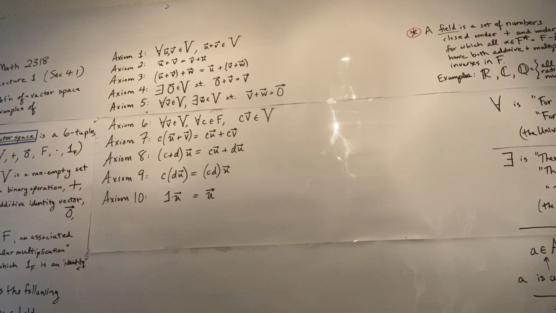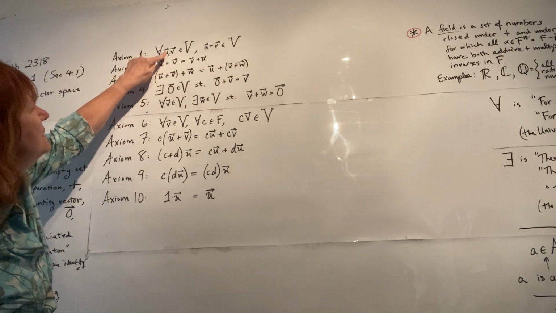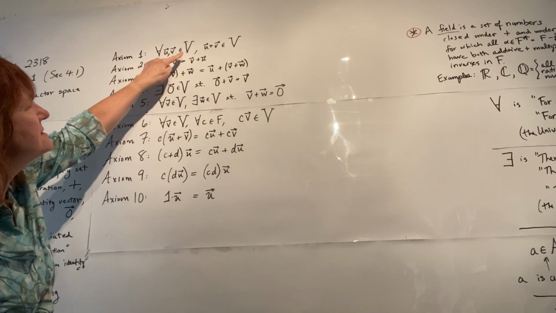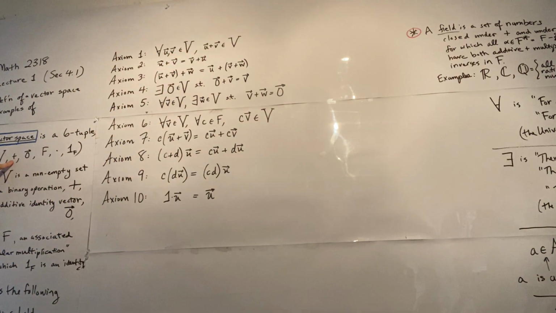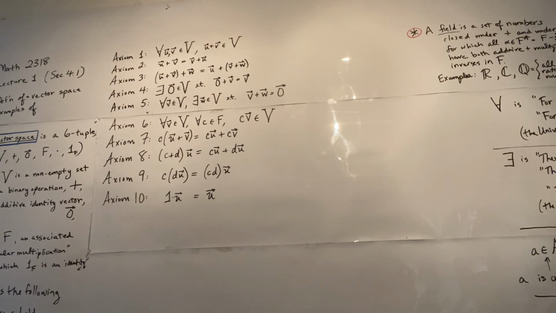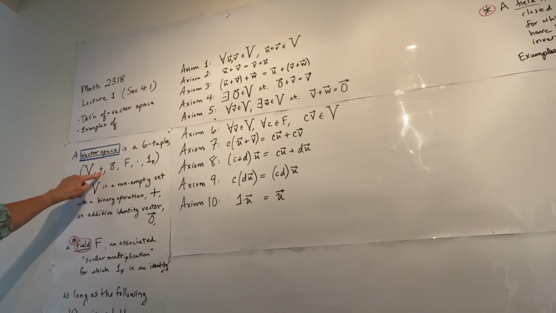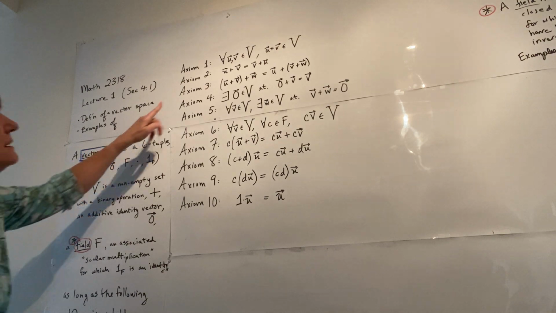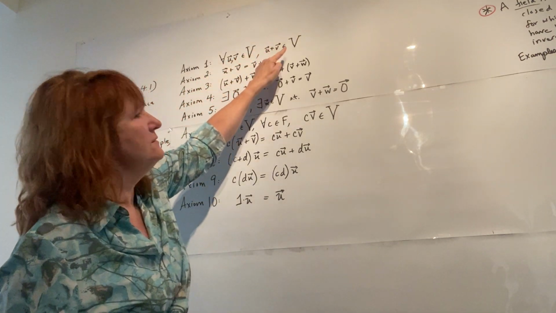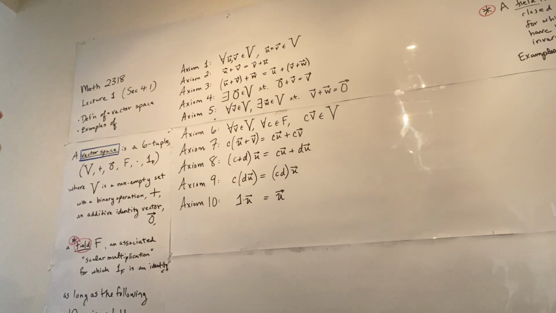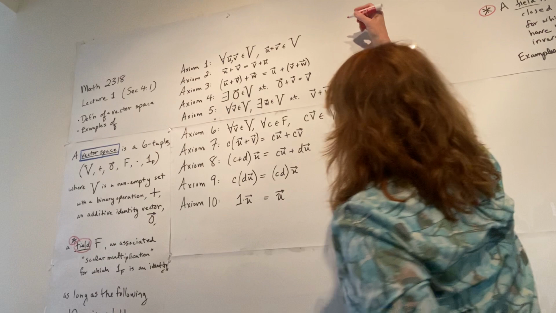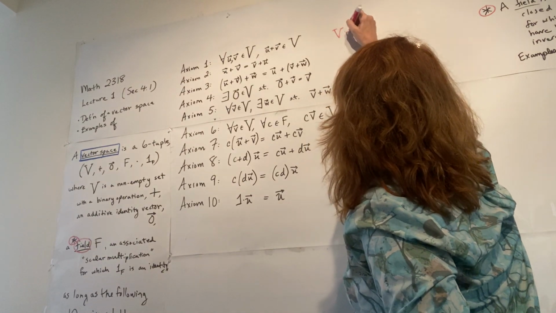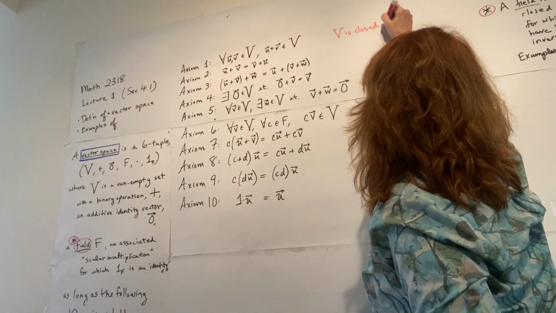So axiom 1 says for all u and v vectors in the vector space, it has to be true that their sum under this type of addition that was given over here, right here, their sum is in V. Okay. So we describe that axiom as V is closed under vector addition.